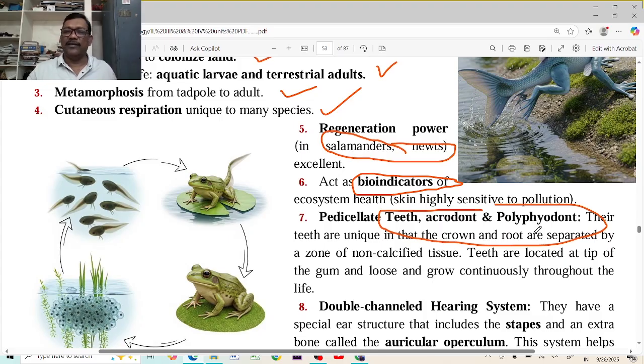They can form teeth once again many times. But what do we observe in humans? Only 2 times we get the teeth. Whereas in the fishes, amphibians, and reptiles, the teeth come many times during their lifetime.